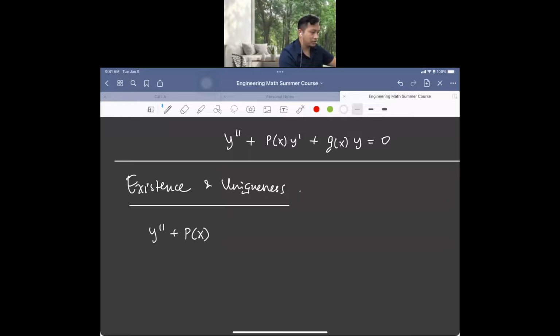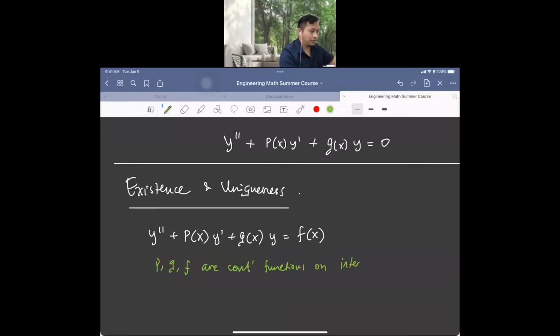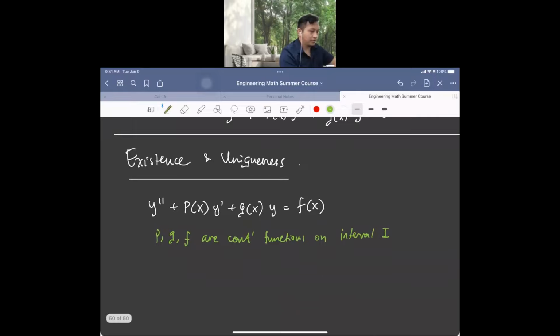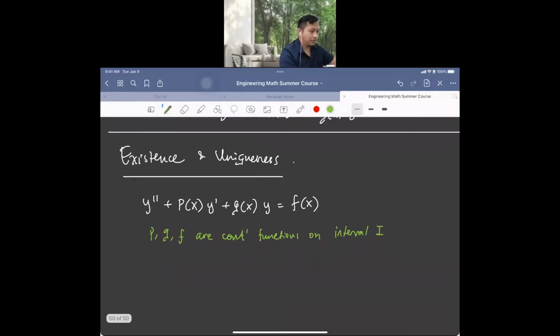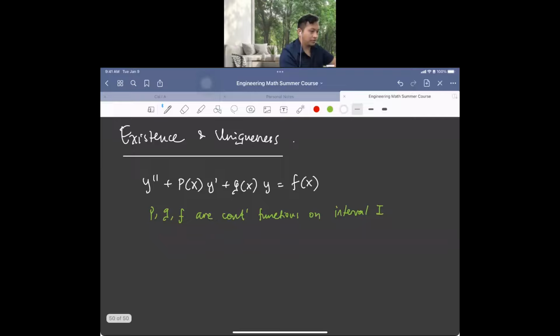So consider p, q, f are continuous functions on interval I. And a, b0, b1 are constants.